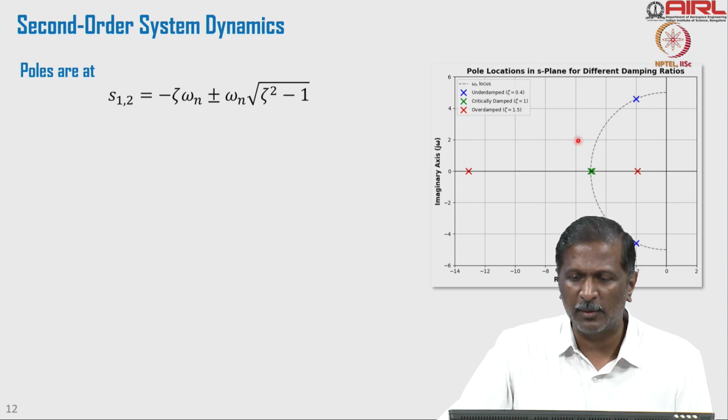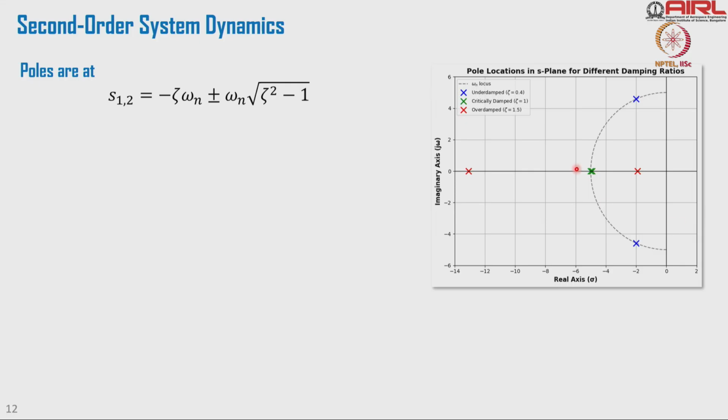Depending on the location of the poles, we can see how the response is going to be. We can put them in a pole-zero plot, with real axis and imaginary axis, and place the pole. I can talk about what happens if the pole is on the real axis, or if the pole is on the imaginary axis. If you look at the poles on the real axis, that is 2 poles, in red. If the roots of the system are real, then what will happen?